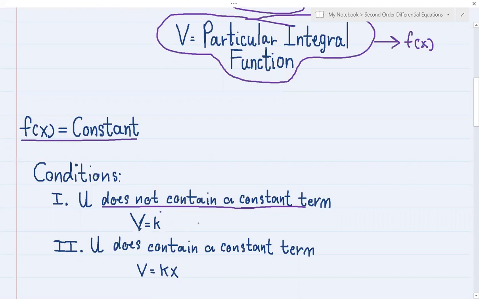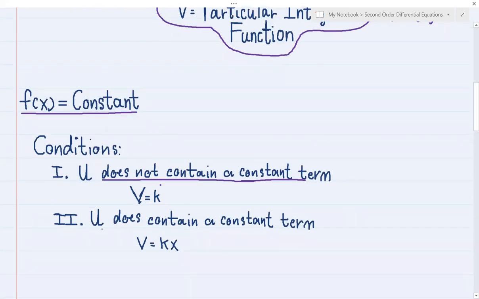Otherwise, on your second condition, if your u does contain a constant term, then you're going to substitute your v as kx. Your k is a constant. It is not a variable.